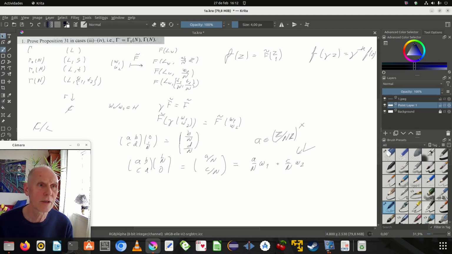This means that this generates the same. When we are down here, of course, A is equivalent to 1 modulo n, so it generates the same, it gives the same element.